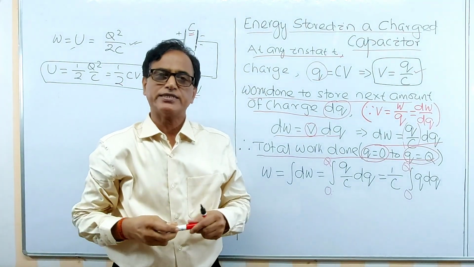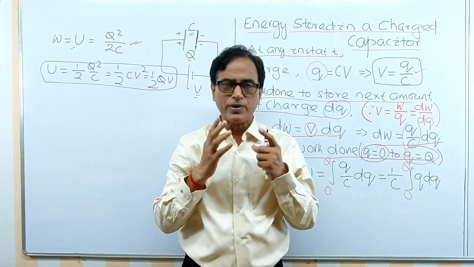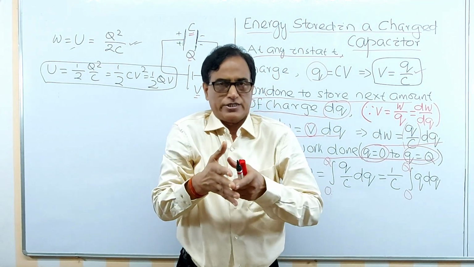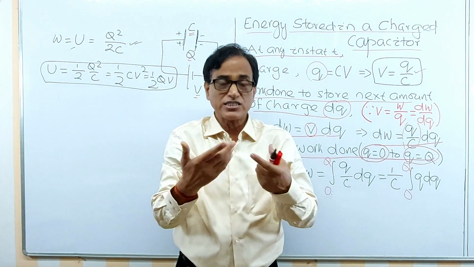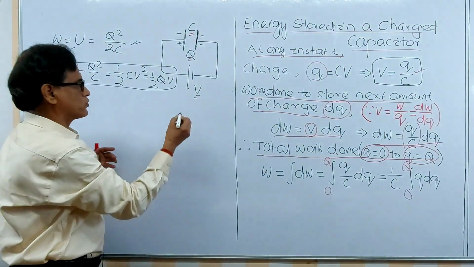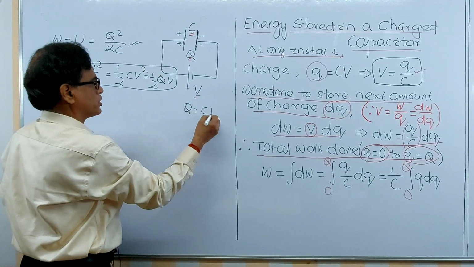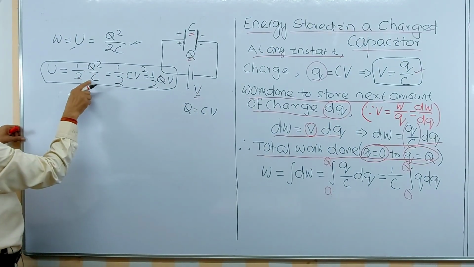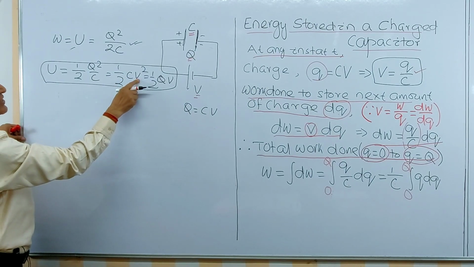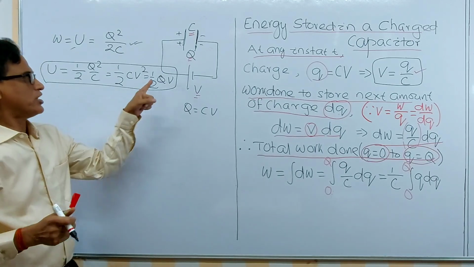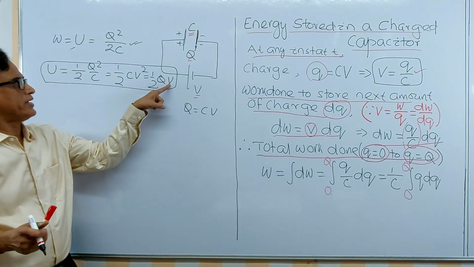Generally in the case of a capacitor, you will be given capacitance, charge and voltage. If you apply some voltage across a capacitor, then charge Q is stored across it, and they are interrelated by the formula Q is equal to CV. Whenever charge and voltage are given, this formula can be applied.